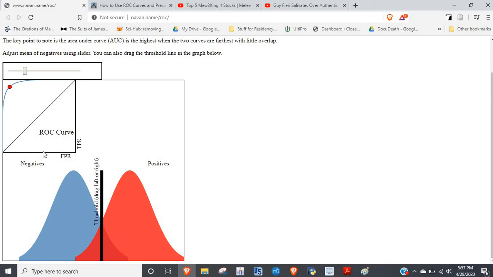Okay, well, what can you say about some of these negatives here? Some of these things are going to be called negative, but they actually aren't negative. Well, you remember sensitivity means no, so what it means is a negative is actually a negative. So these negatives aren't actually negative right here. It's tested negative, of course, because it's to the left of the threshold, but it's not actually negative.